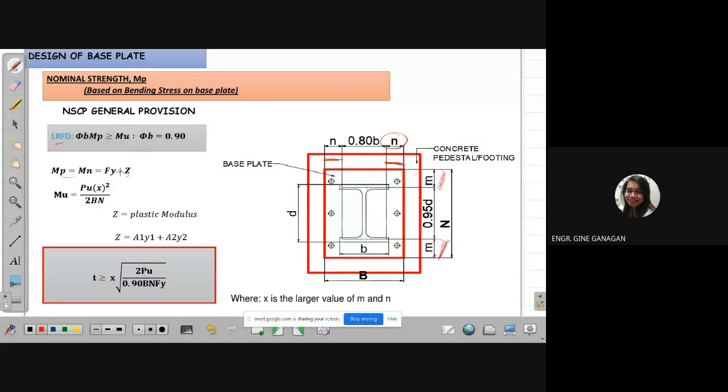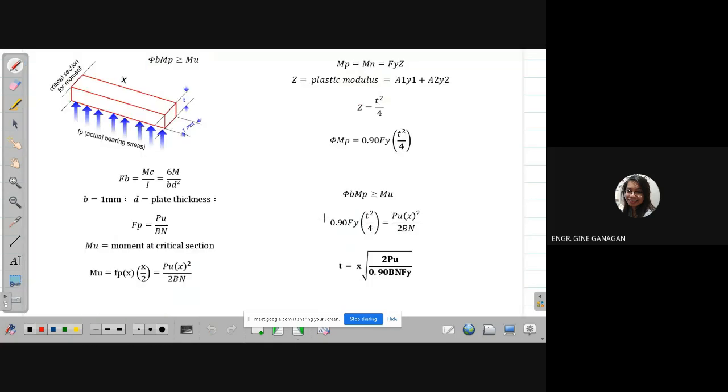So yung equation actually natin ng T, kasi yung based on the bearing pressure on support, ang makukuha natin doon is the length and the width of our base plate. Ang makukuha natin dito based on the bending stress on base plate is yung thickness ng ating base plate pag nag-design tayo. Okay? So yung equation na ito, actually nakuha dito yan.